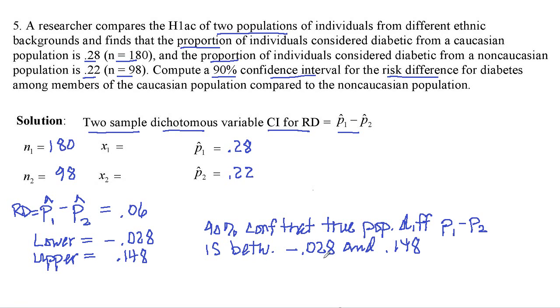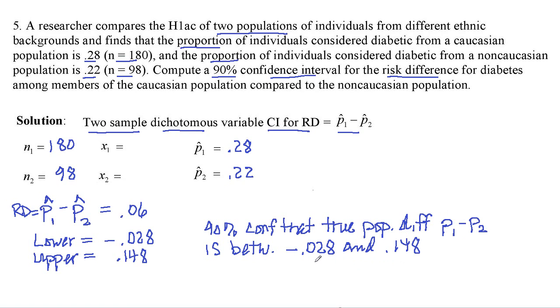So that's negative 2.8% and positive 14.8%. To say that P1 minus P2 is negative 0.028 is saying that the second proportion is greater than the first.